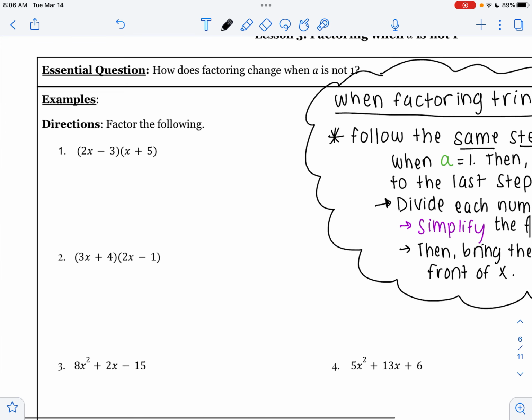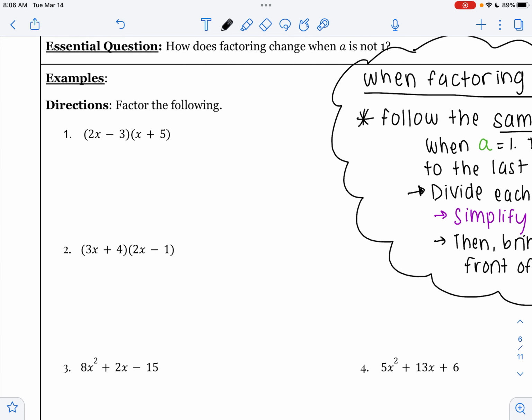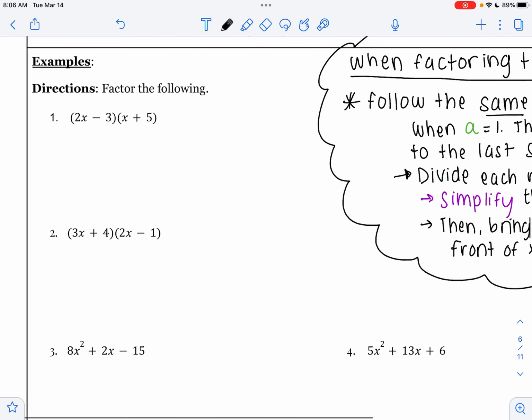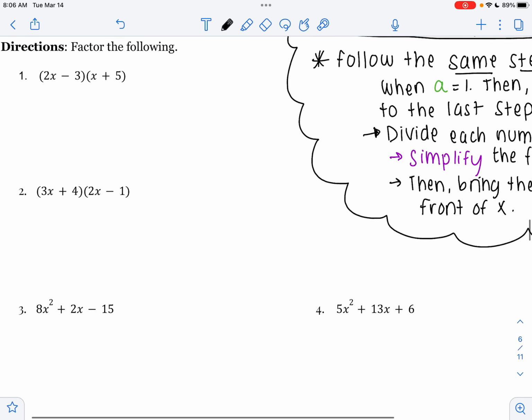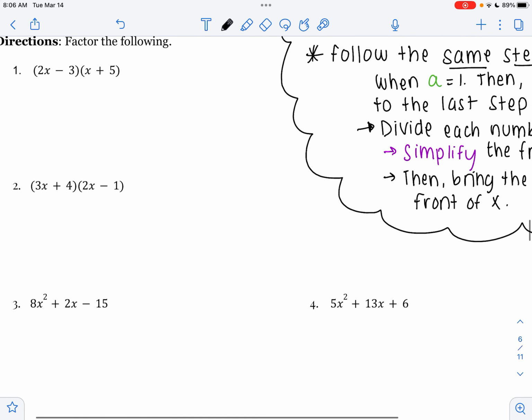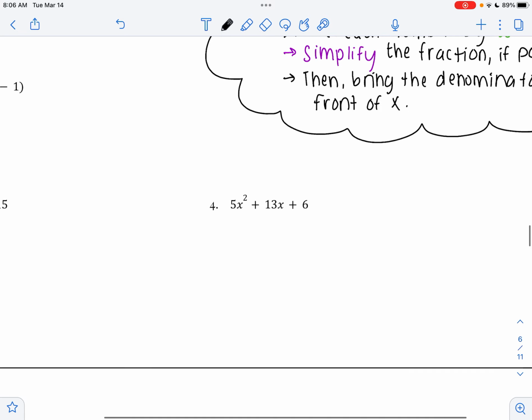So the first thing I want to do is multiply this out here, just to show you this is how we would check our work once we're done. So you know what? I'm going to do that at the end. I'm actually going to skip 3 too, because I think 3 is probably the hardest problem. I don't know why I put that first. So let's start with 4.